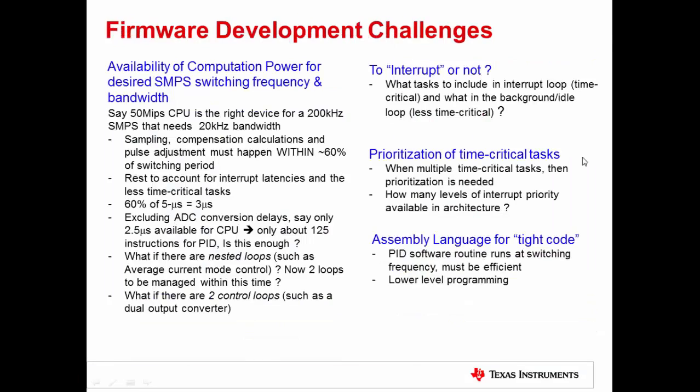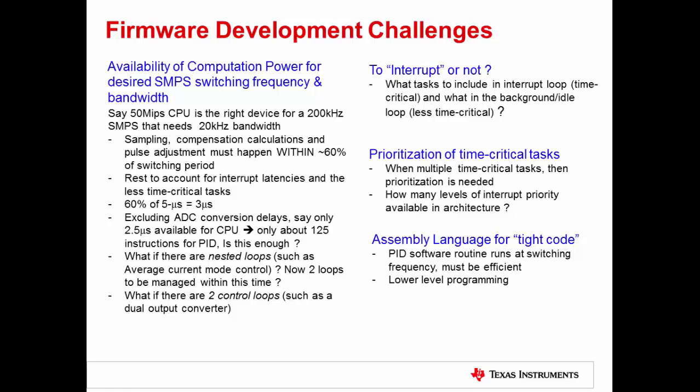The firmware development task for a processor-based digital controller has several deep considerations, foremost of which is: is there enough computation power available for designing this power supply of this stated switching frequency and bandwidth?